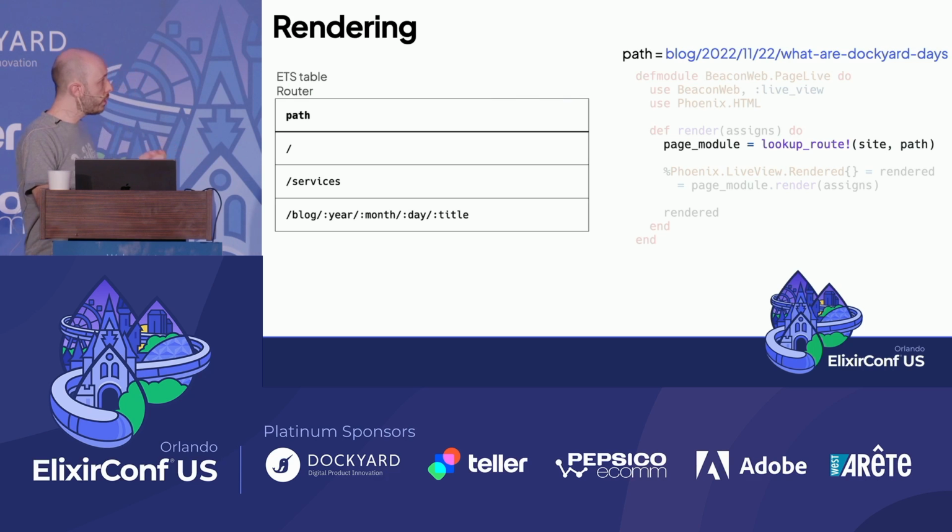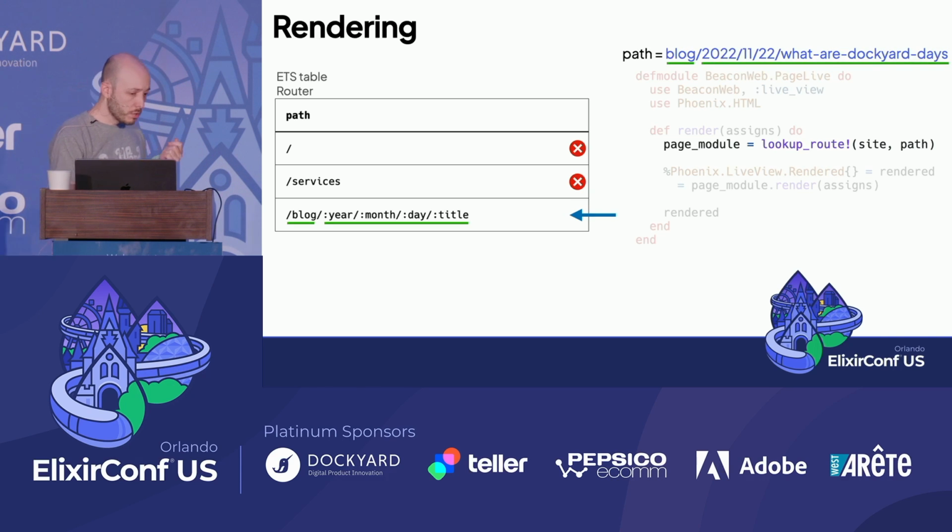So we go in the router table, and then we try to pattern match the request path, and also the dynamic segments of the request path, until it finds a match. So this process is similar to how the Phoenix router works, but I would say it's a simplified version of the Phoenix router. And then we found the page module.